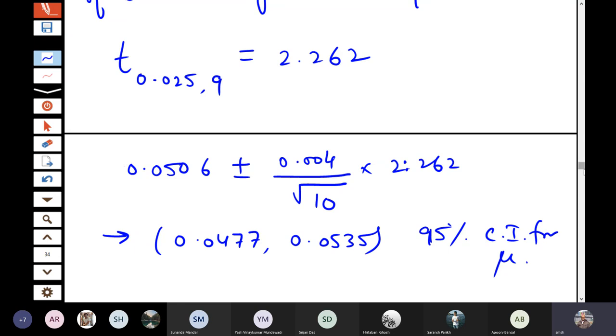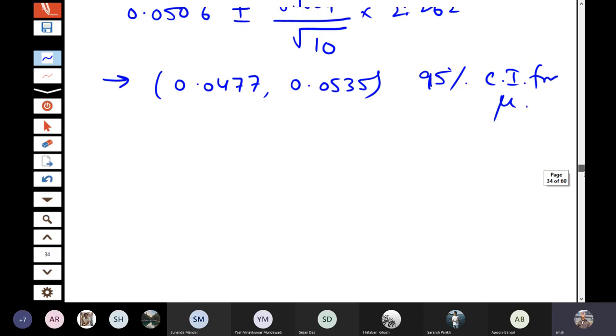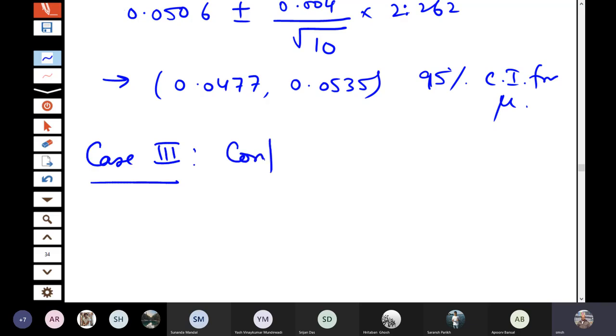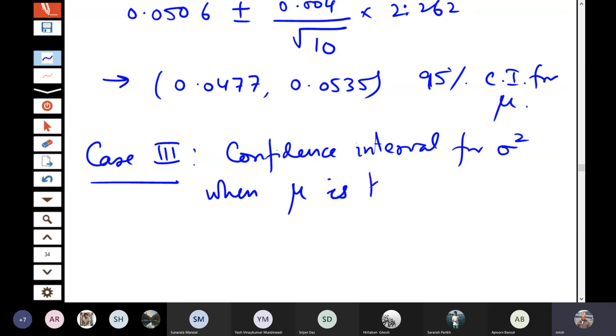Similarly, we may be interested in the confidence interval for sigma square when mu is known.